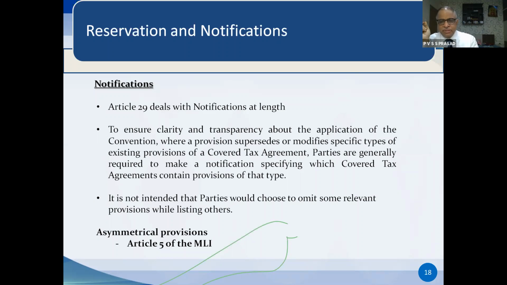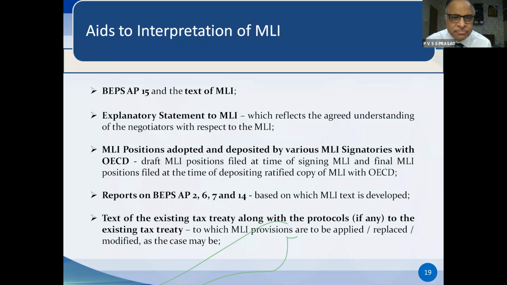That is called exemption method. If India follows credit method, we will say whatever taxes you pay there, that would be given credit. If you have not paid taxes there, the entire income would get taxed here. So both countries can have different methods, still it would operate as a provision. That is called an asymmetrical provision.